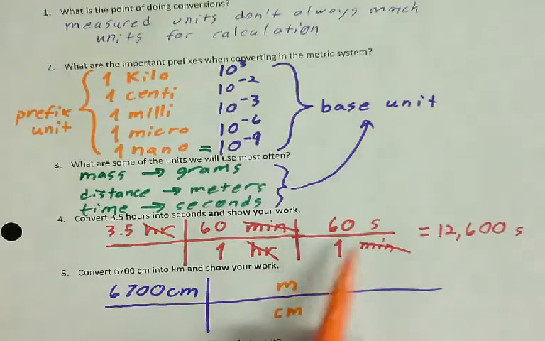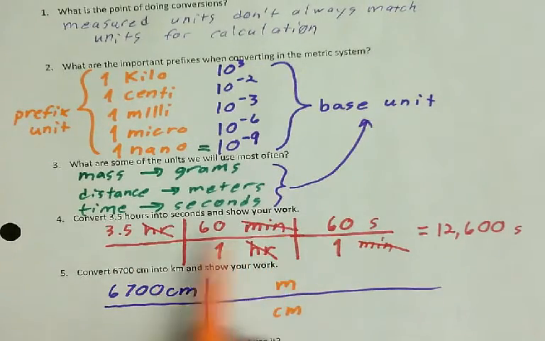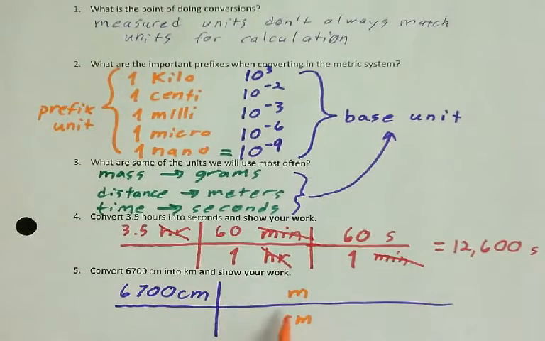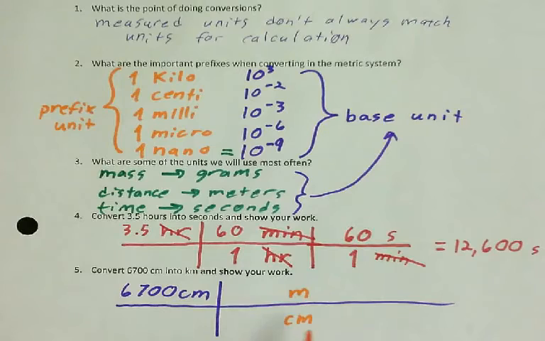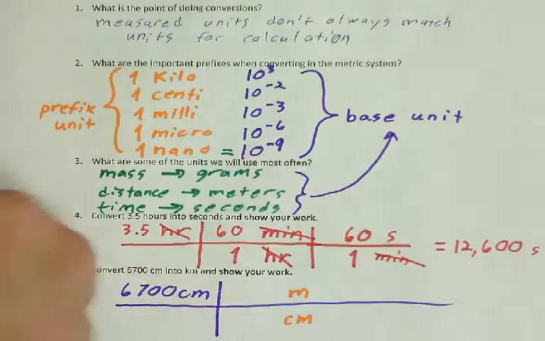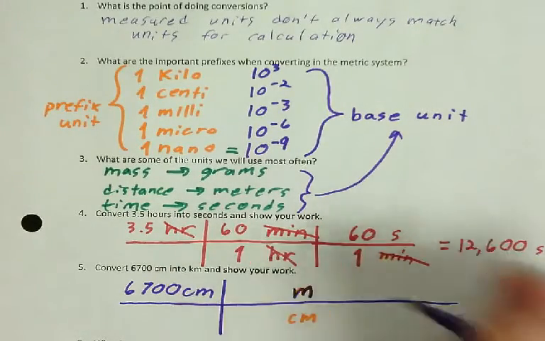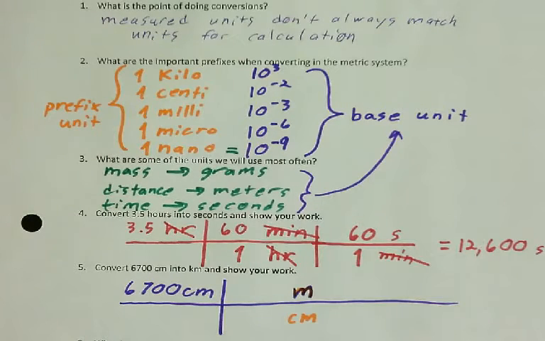Just like I didn't know how many seconds were in an hour, but I did know how many minutes were in an hour. That's what I'm doing here. Sorry, let me keep my color distinctions the same. That's a terrific color. Brown and purple, or orange and purple mix great.